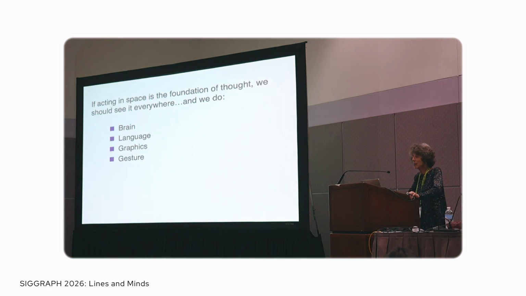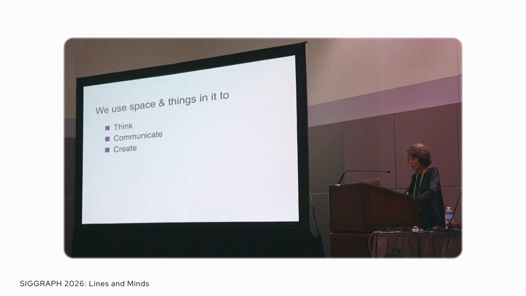If acting in space is the foundation of thought, we should see that everywhere, and we do. We see it in brain, language, graphics, and gesture. I'll go briefly through brain and language, which deserve much more, and a little bit more into graphics and gesture.